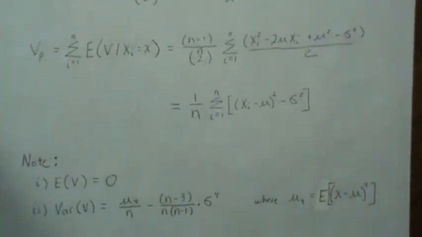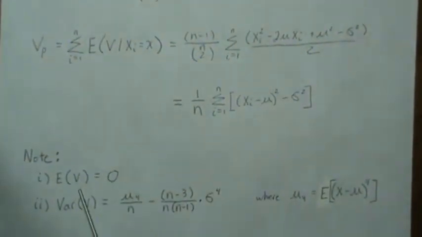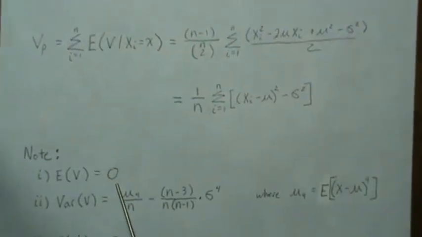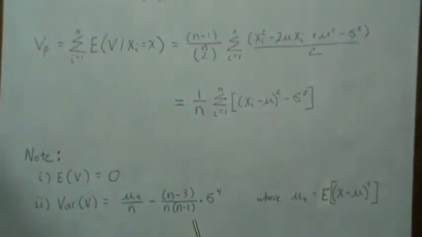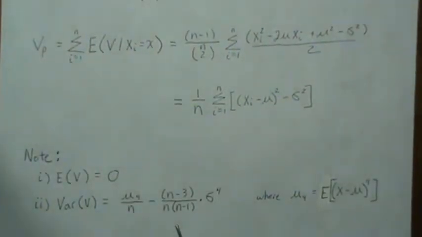Okay, so now we know that the expected value of our original test statistic is 0, because that's the way we set it up. The variance of it is this, and it's in the video just before this one, the title is variance of the sample variance, by Statistics Math, if you want to look it up.